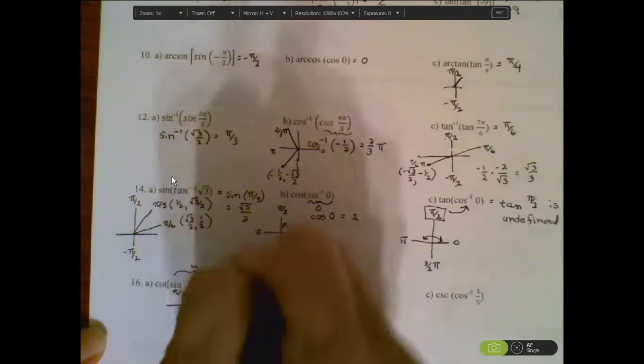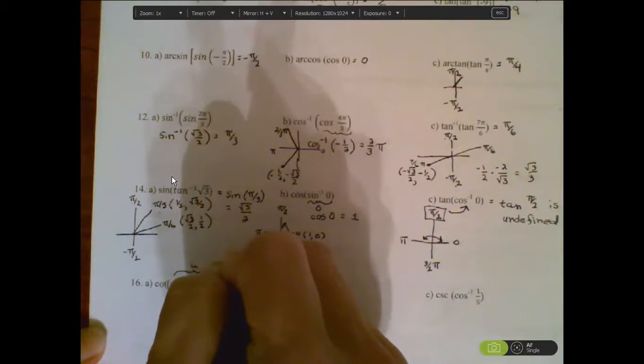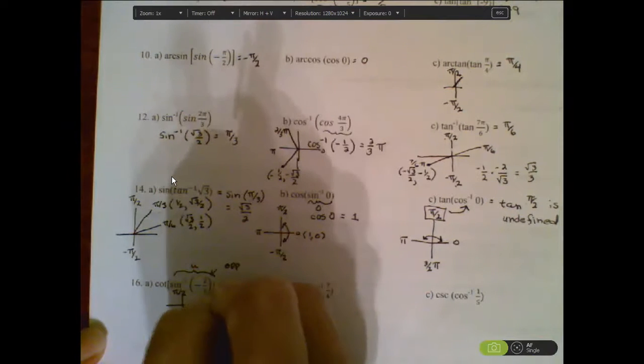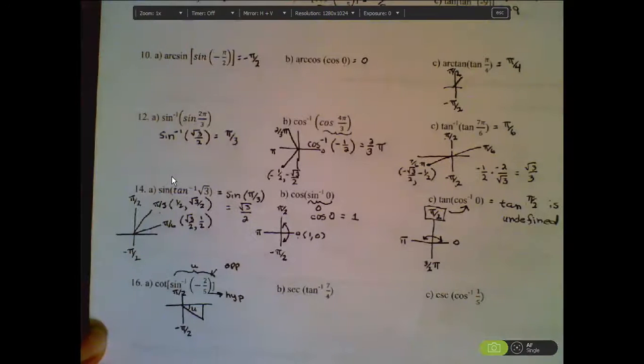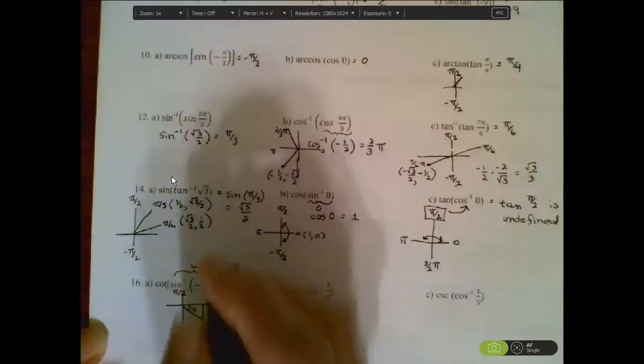The definition of sine says 2 has to be your opposite, and 5 has to be your hypotenuse. And in the fourth quadrant, the y is negative.